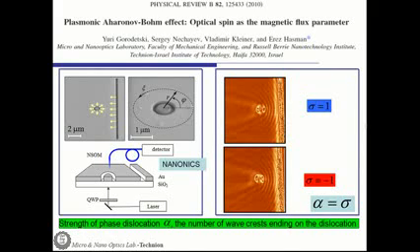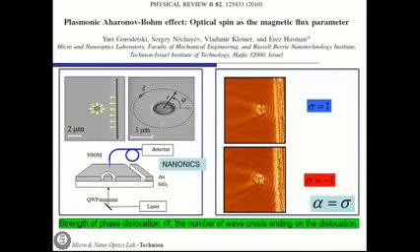I would like to talk about our plasmonic Aharonov-Bohm effect. We asked ourselves what the scattering effect from a topological defect would be. We realize the topological defect as an annular aperture, and in order to measure the scattering, we interfere it with a plane wave of the surface wave excited from a very narrow nano slit.